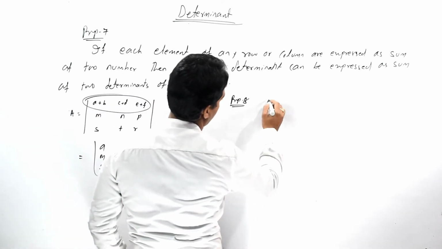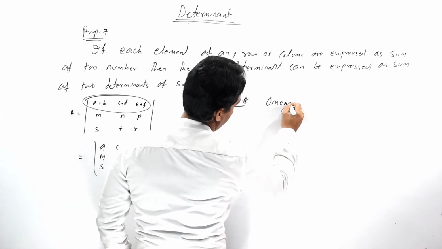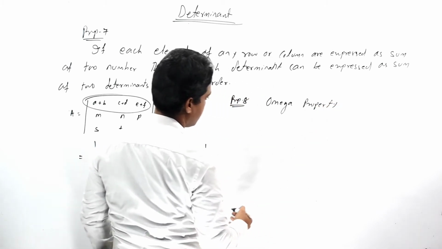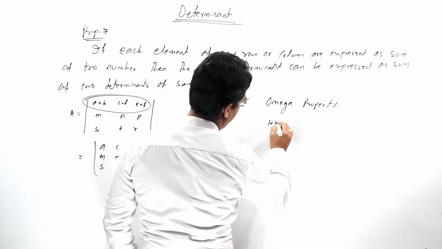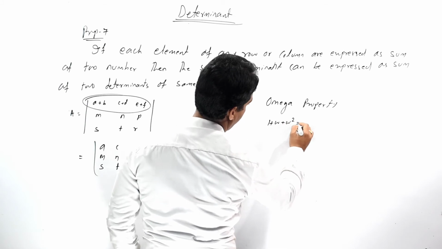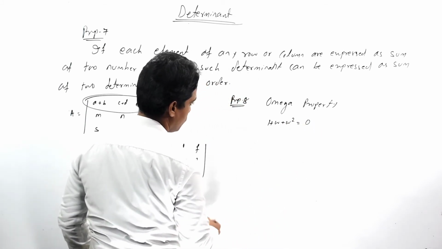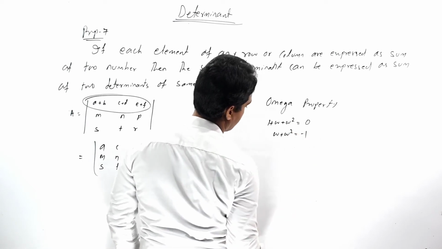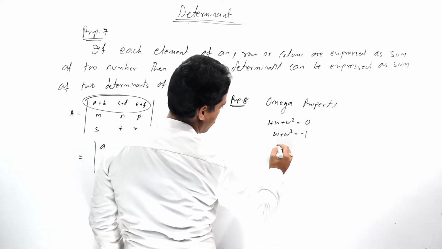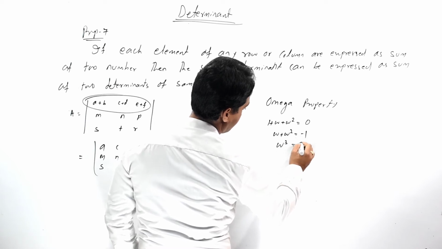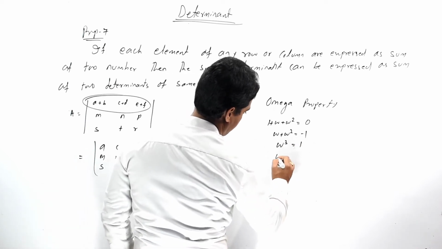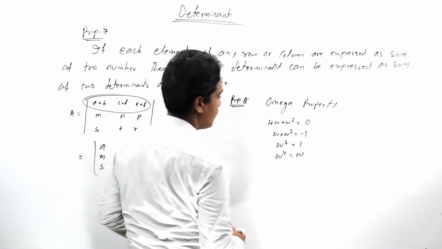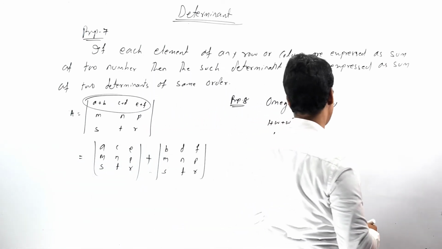that is the omega property: 1 plus omega plus omega square equals 0, omega plus omega square equals minus 1, omega cube equals 1, and omega 4 equals omega.